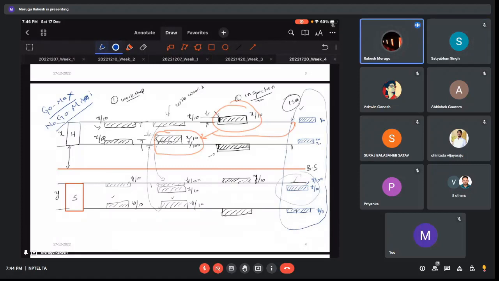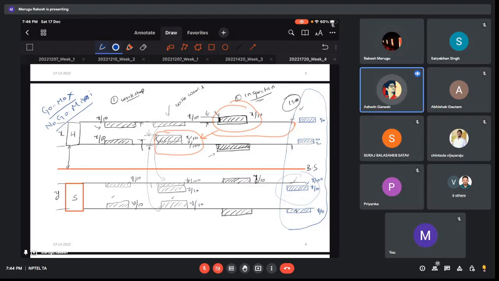Similarly, suppose we have a ring gauge and the go ring gauge is entering, and the no go ring gauge is also entering. What's wrong with the shaft? It is below the size requirement. Correct. That's the whole concept about these limit gauges.